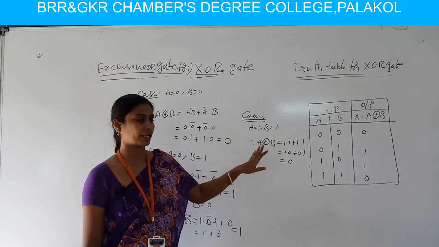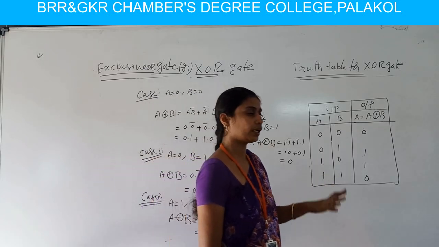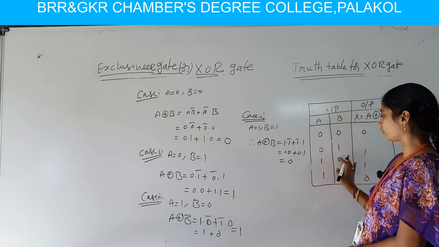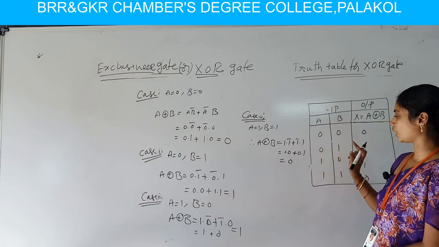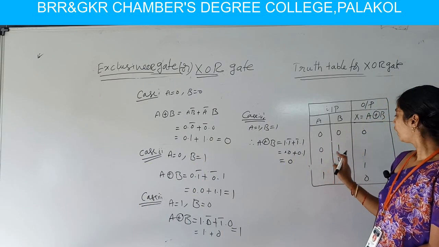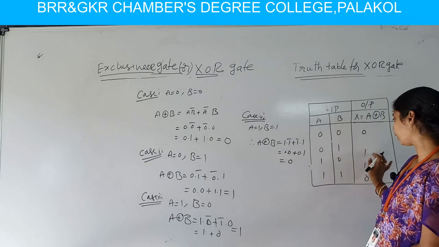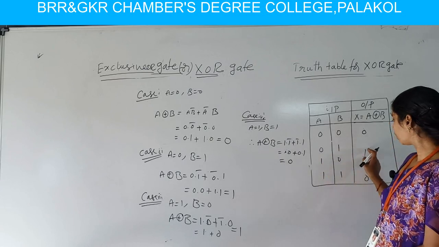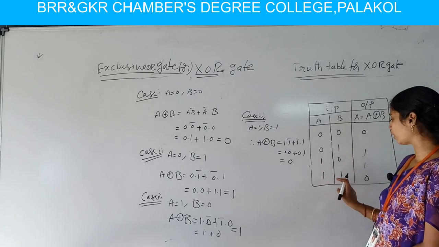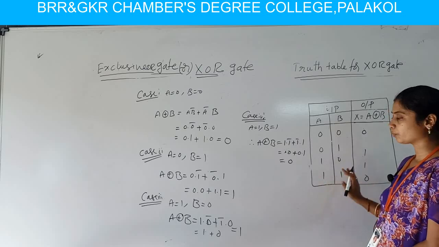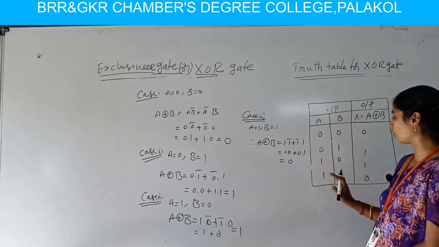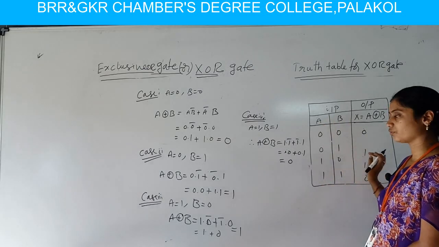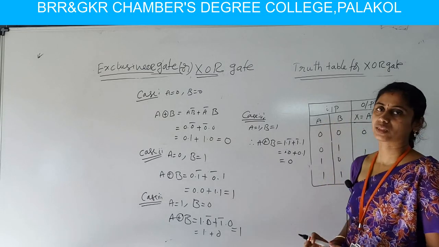In the second and third cases, one of the inputs is low and the other is high, so the output is high, the bulb is glowing. Where both inputs are high or both are low, the output is in low logic state, which means the bulb is not glowing.